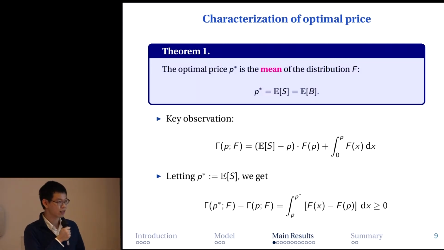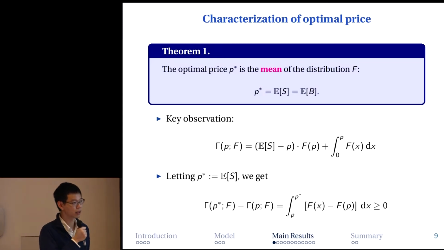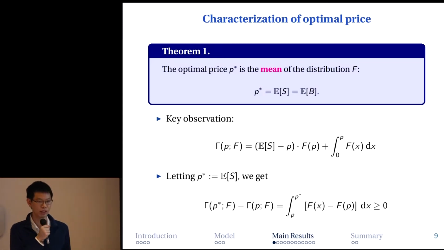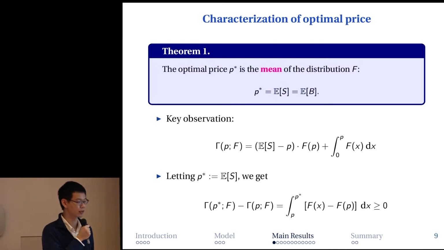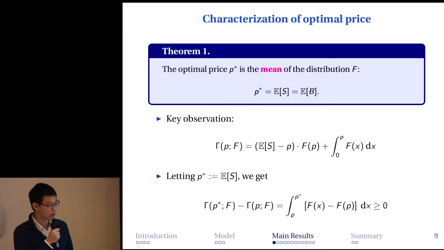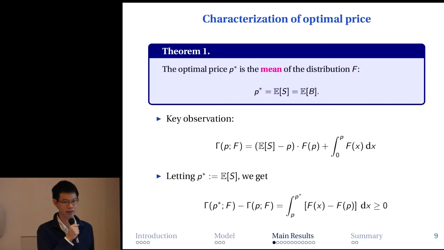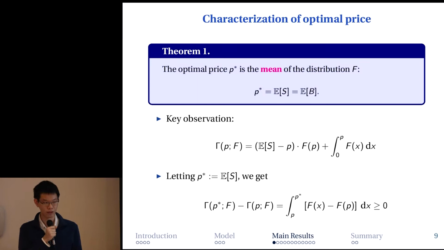And if p star is smaller than p, then F(x) minus F(p) is non-positive. And then we flip the sign because the limits of the integral are flipped. And so in both cases, the point is that the integral is non-negative. Right? And so this proves our result.